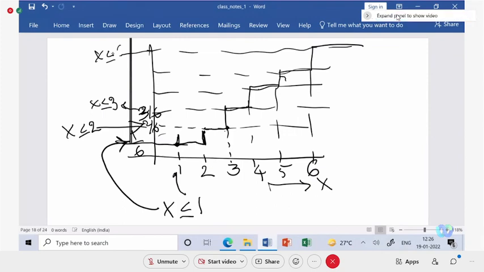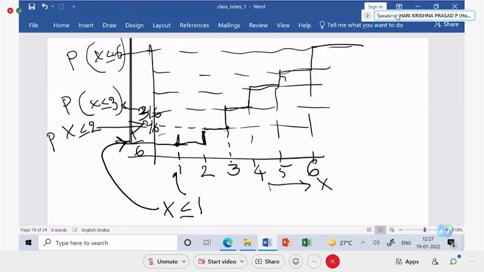When you see, I have been adding up the probabilities of events before X takes a specific value. So what I have shown is that along the y-axis I have plotted probabilities.